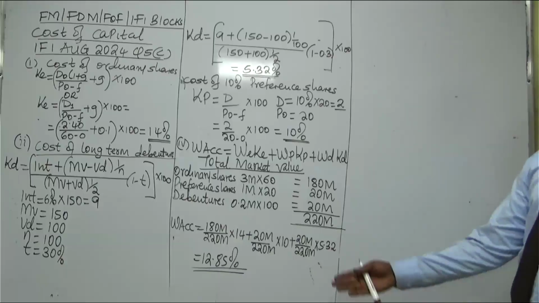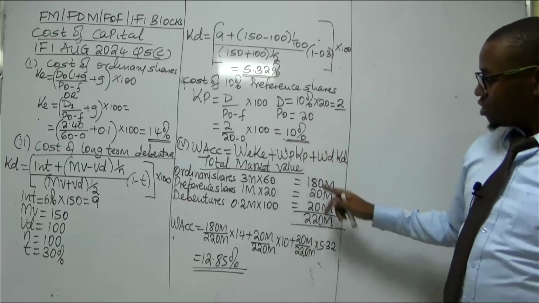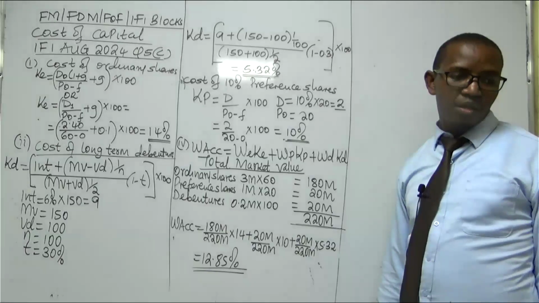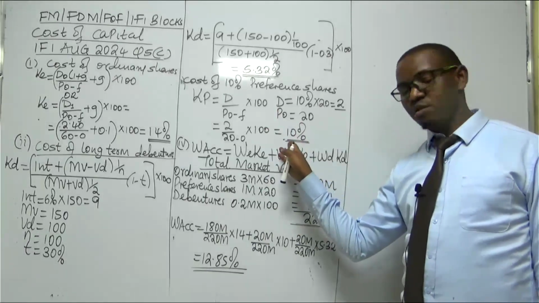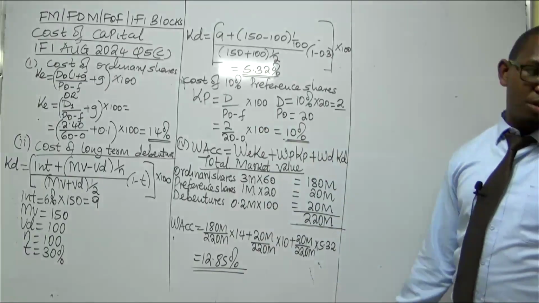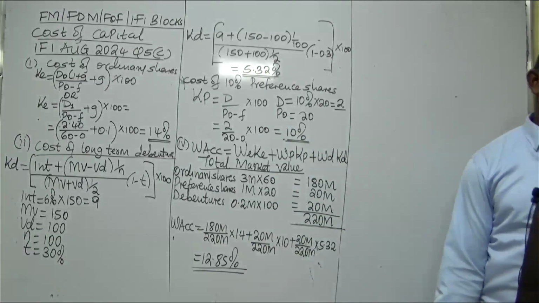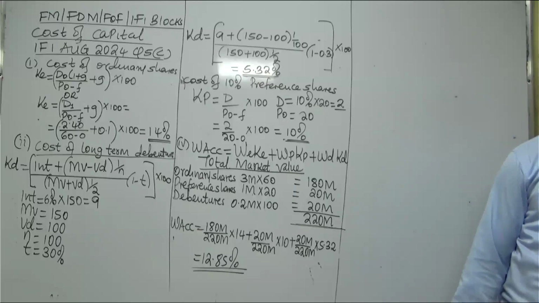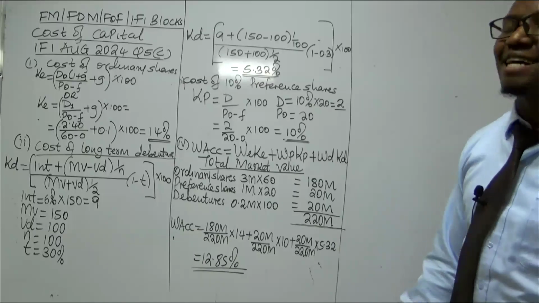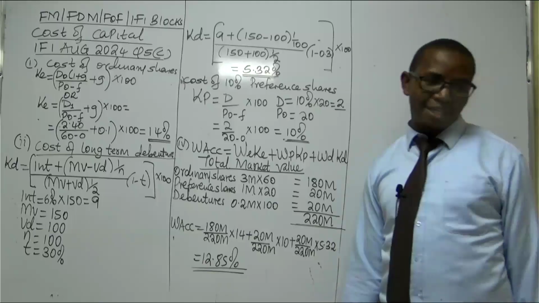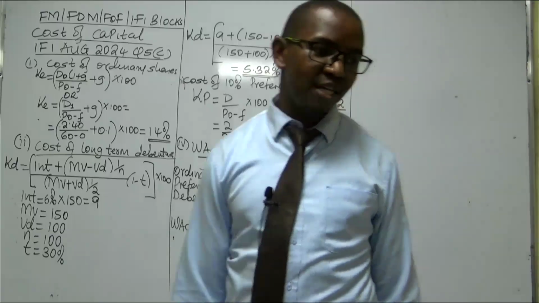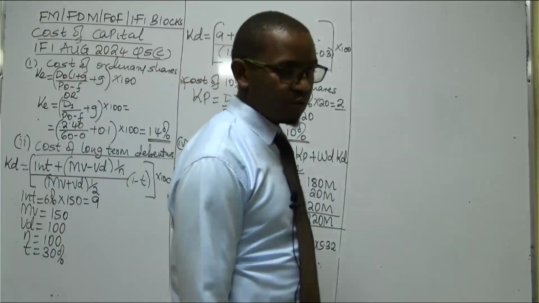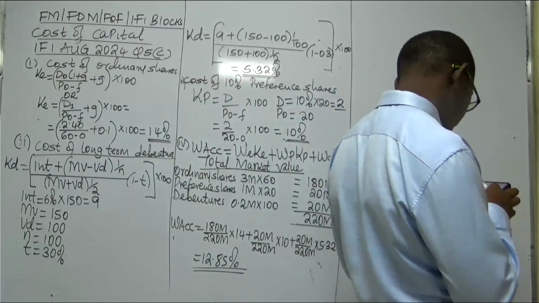Either you use them without the percentage, in which case after you get the answer you multiply by 100, or just use it as it is, 10, because at the end of it, you will also need it as a percentage. When I talk of WACC or WMCC, it is a required rate of return. Therefore, if it's a return, it has to be a percentage.